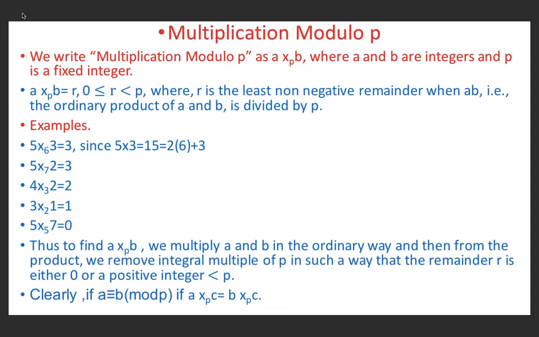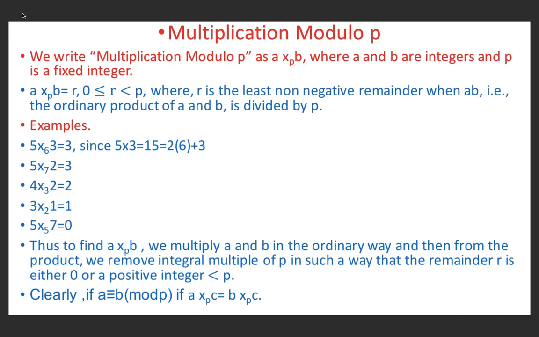We write multiplication modulo p as a with multiplication sign in between a and b and p in the suffix of multiplication sign, where a and b are integers and p is a fixed integer.